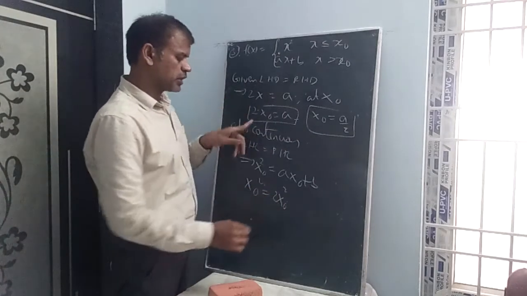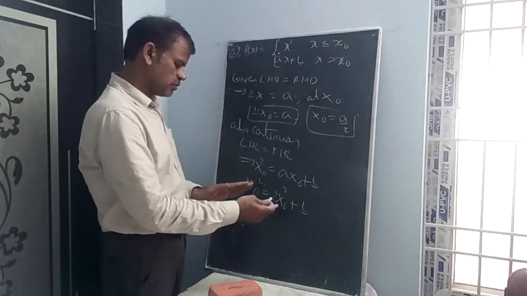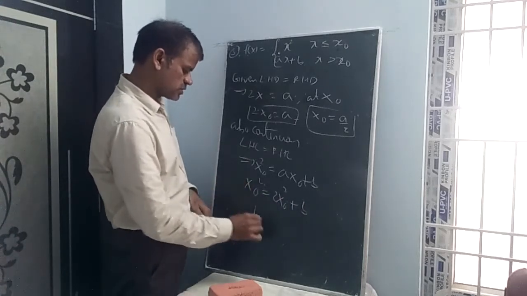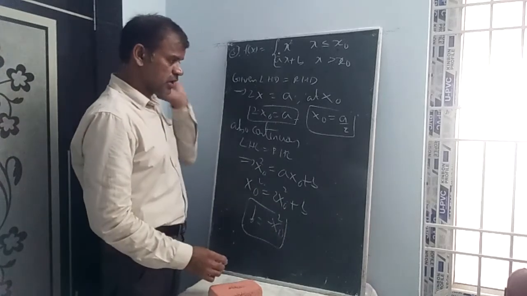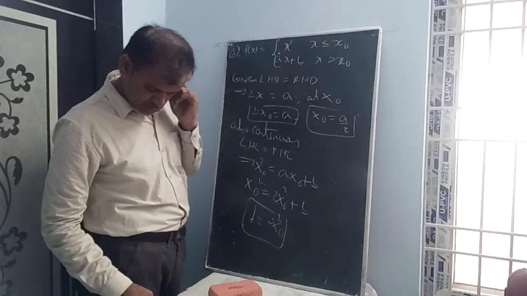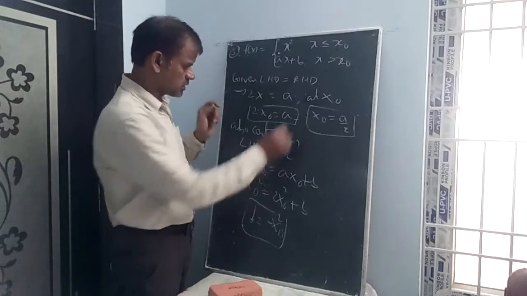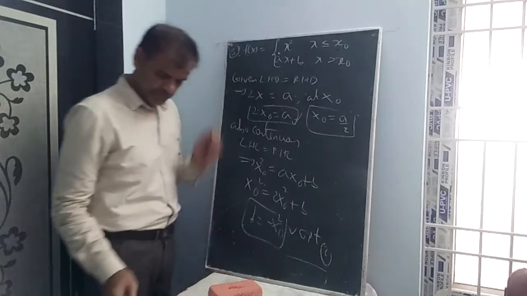So you can understand 2x naught into x naught, 2x naught square plus b. Leave b this side, x naught square taken this side. You can understand b is equal to minus x naught square and a is equal to 2x naught. Using the formula, b is equal to minus x naught square given, a is equal to 2x naught also given. Option 2, the second option, is the correct answer.